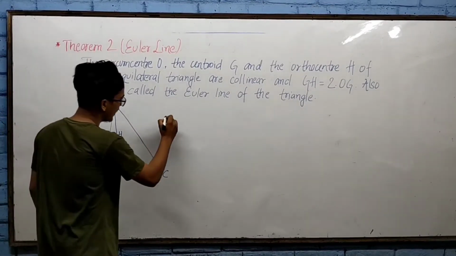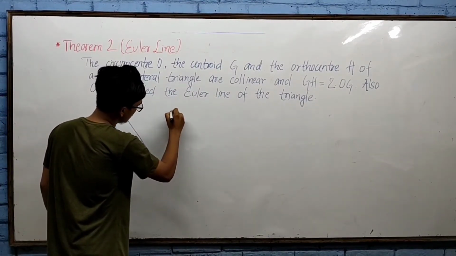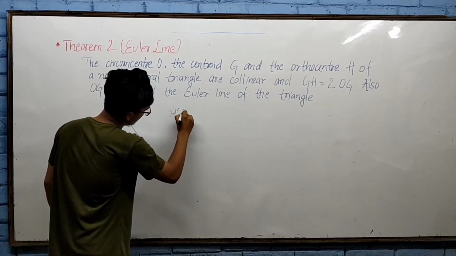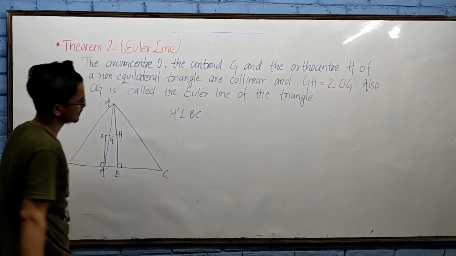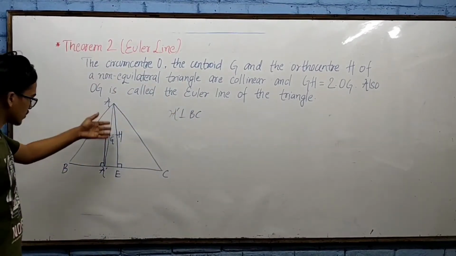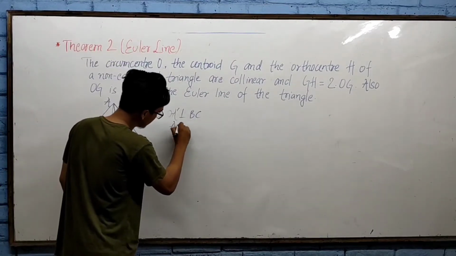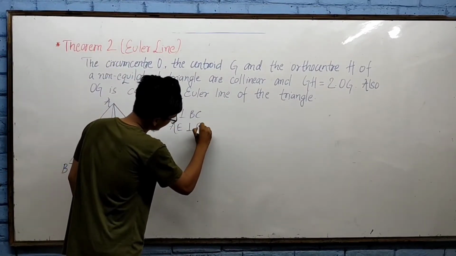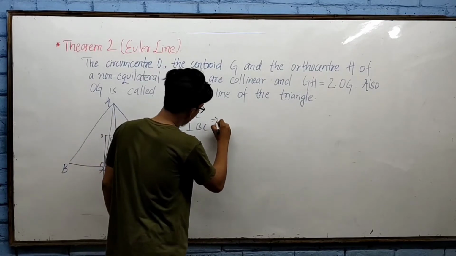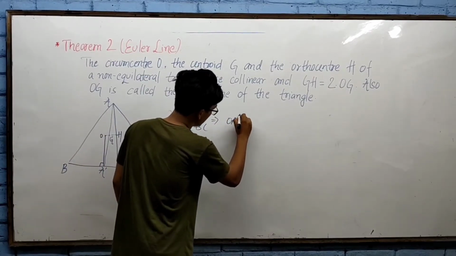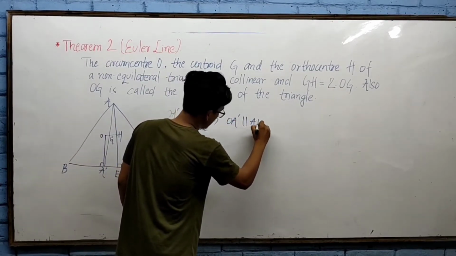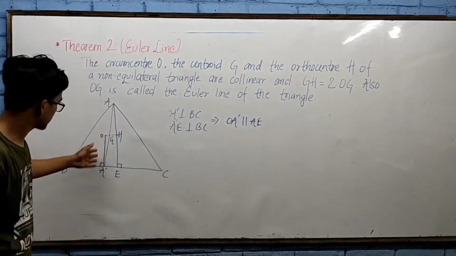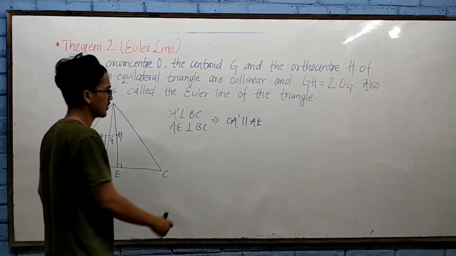So OA dash is perpendicular to BC. Also AE, which is the altitude, is also perpendicular to BC, and this implies OA dash is parallel to AE.